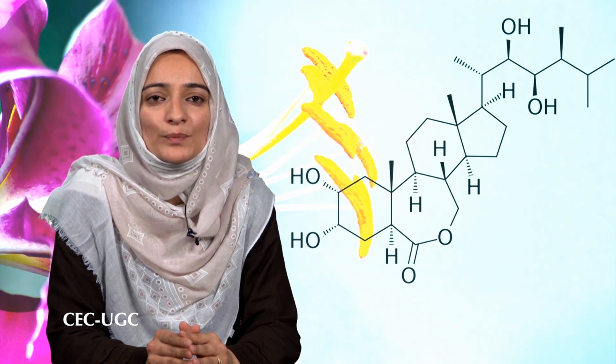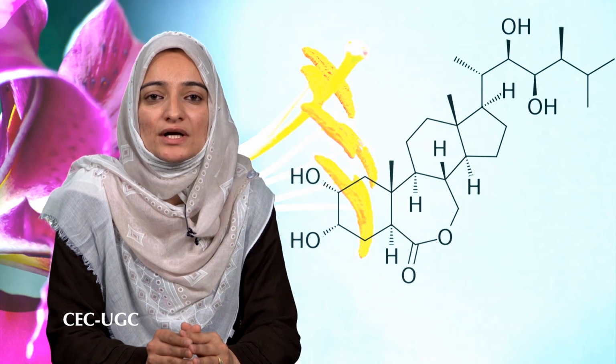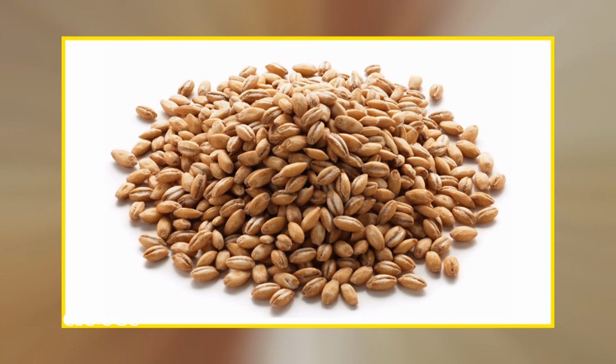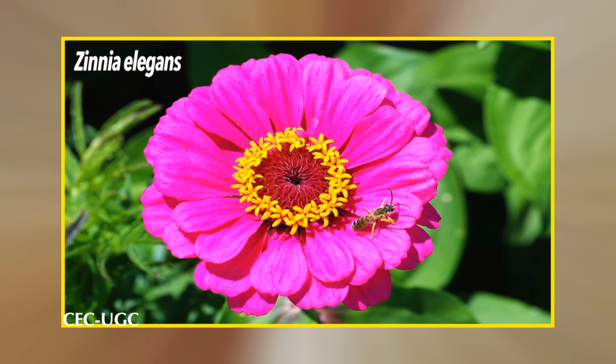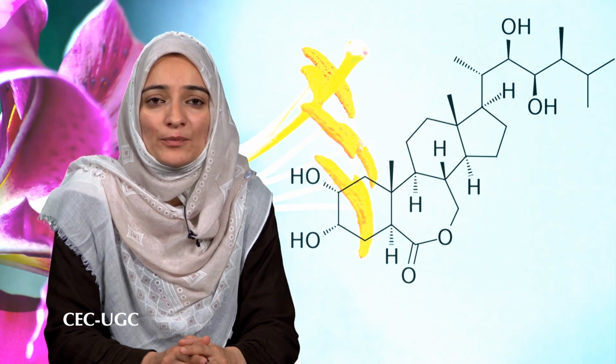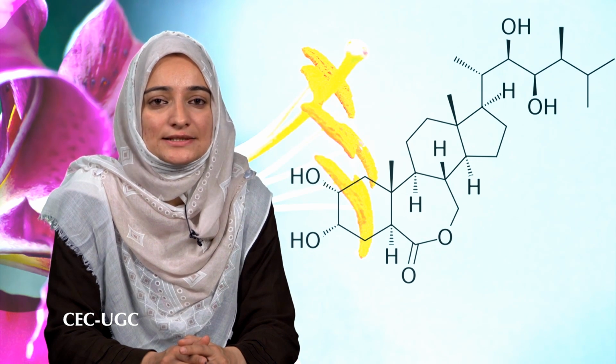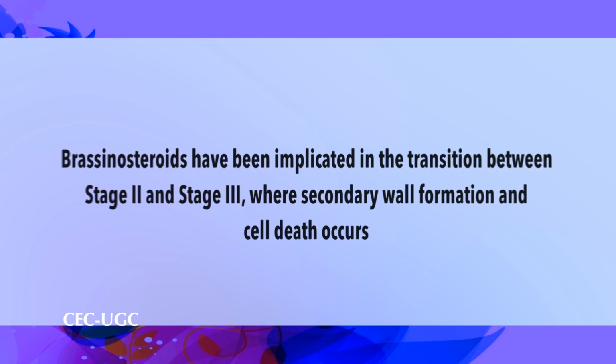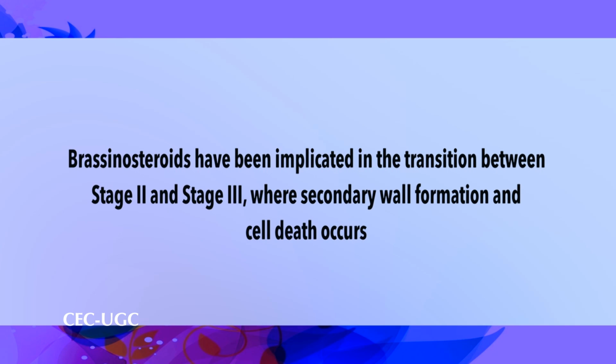Homobrassinolide is also reported to increase cell division in barley. Zinnia elegans has been used extensively to study the formation of xylem or tracheary elements, a process that has 3 distinct stages. Brassinosteroids have been implicated in the transition between stage 2 and stage 3, where secondary wall formation and cell death occur.